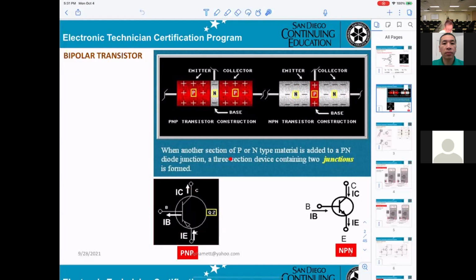When another section of P or N type material is added to a PN diode junction, a 3-section device containing 2 junctions is formed. That means PNP or NPN makes up the transistor.